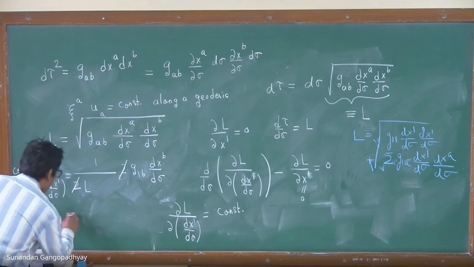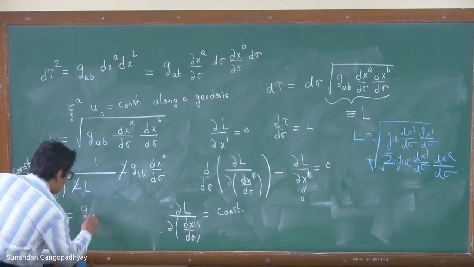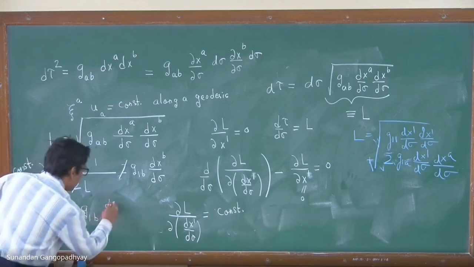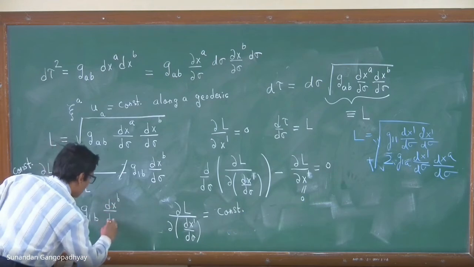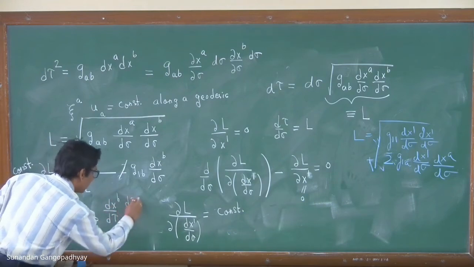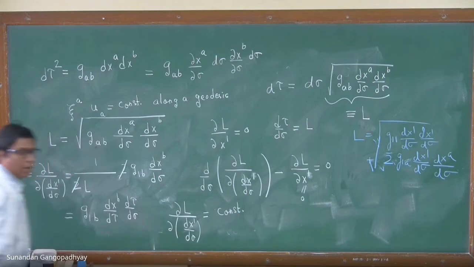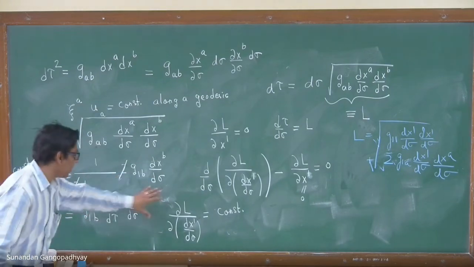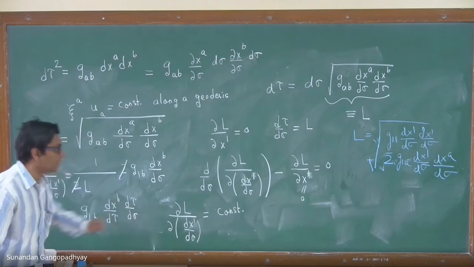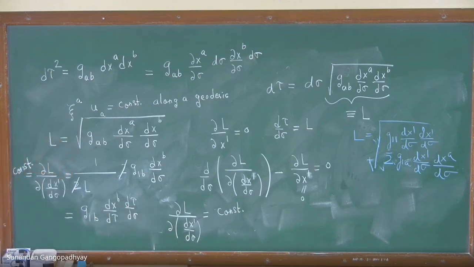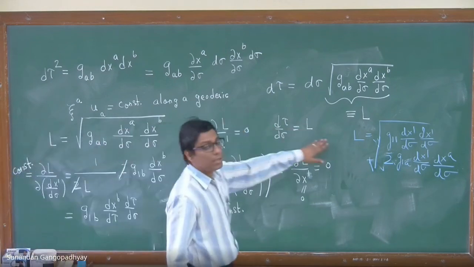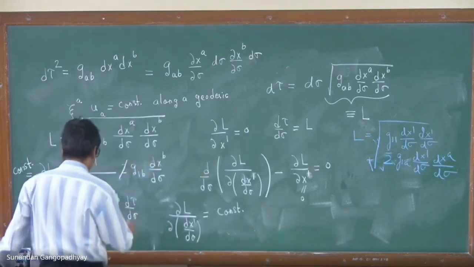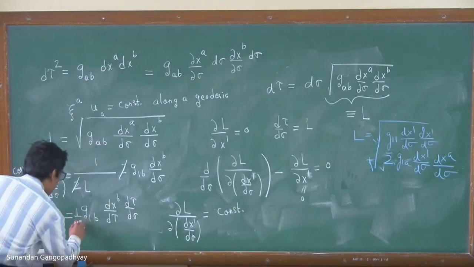But that is equal to g1B dxB by d tau times d tau by d sigma. Right? This is dxB by d sigma by the chain rule, d tau by d sigma. What is d tau by d sigma? From here, d tau by d sigma is L. So you have a 1 by L obviously here.